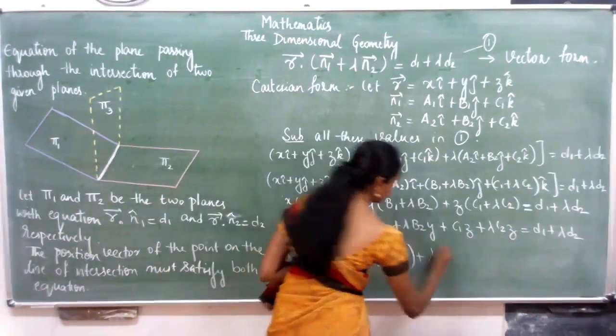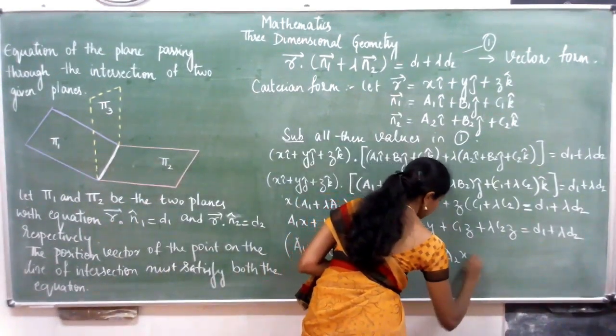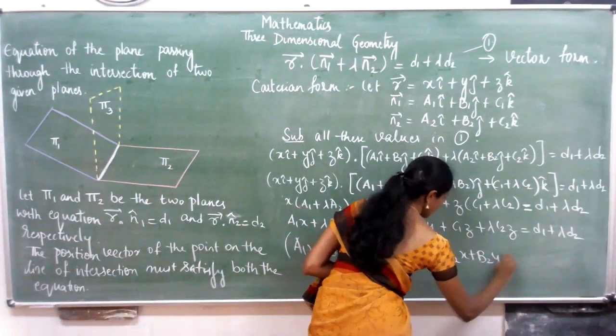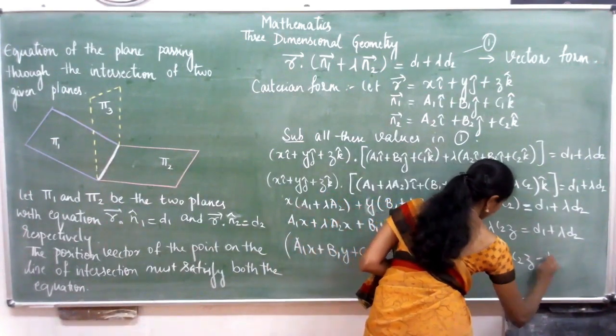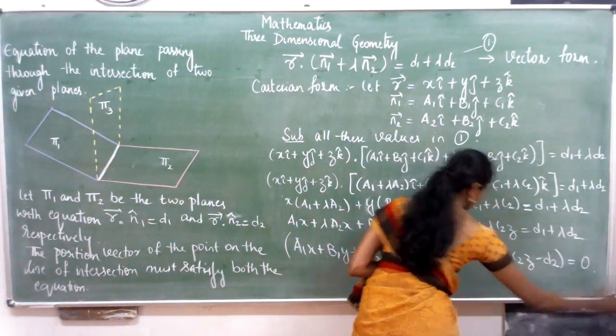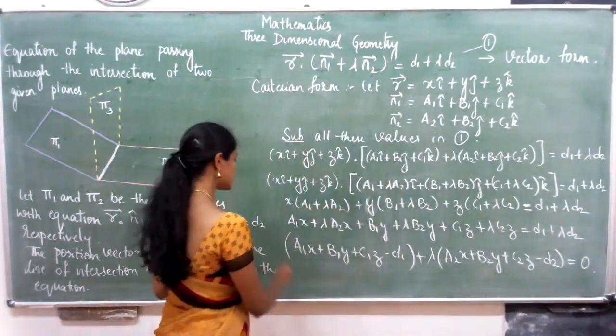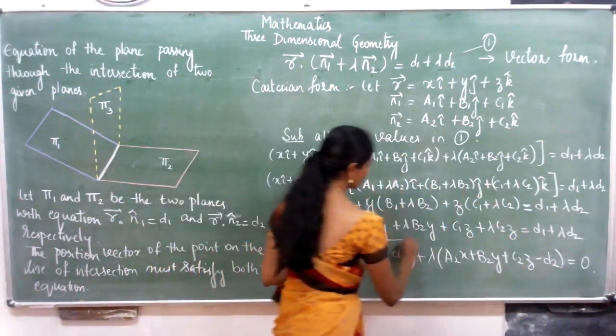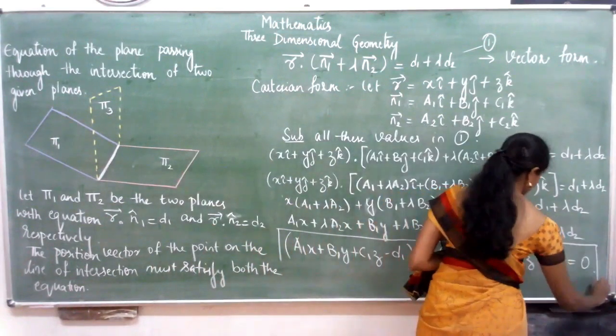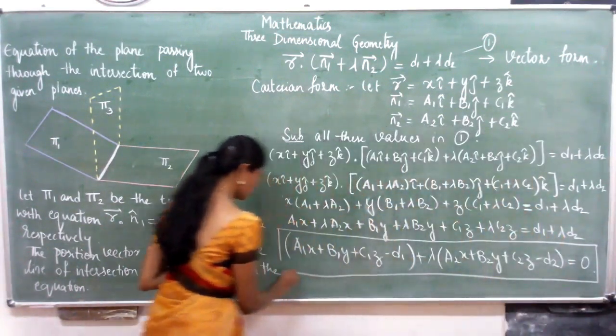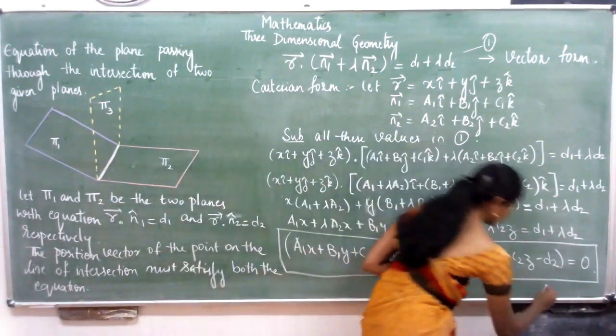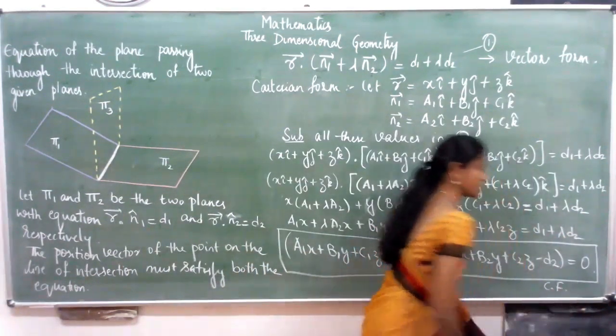So lambda common, we get a2x plus b2y plus c2z minus d2 is equal to 0. And this is the Cartesian form of the equation of the plane which is passing through the intersection of two given planes.